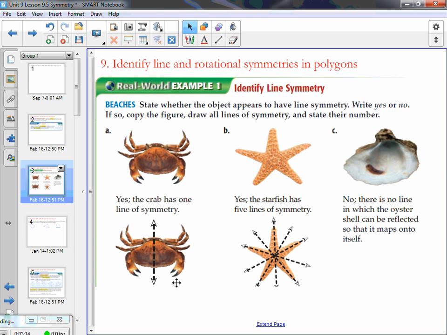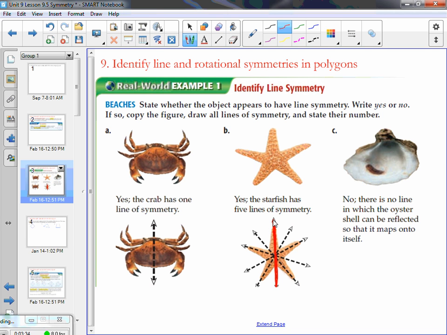Then if you look at part B, the starfish has a lot of lines of symmetry. Let's look at a couple of these. Like this line right here that I've made red, putting the left side to reflect it and become the right side and vice versa.